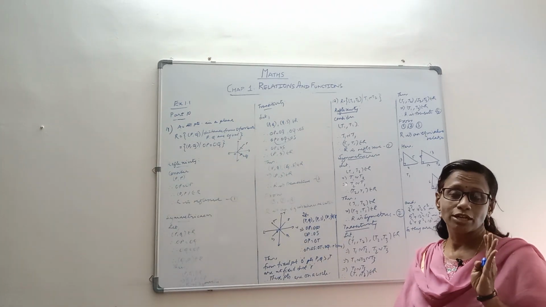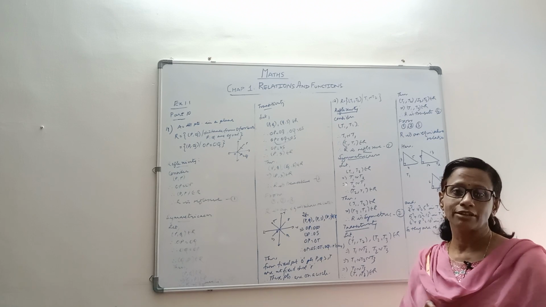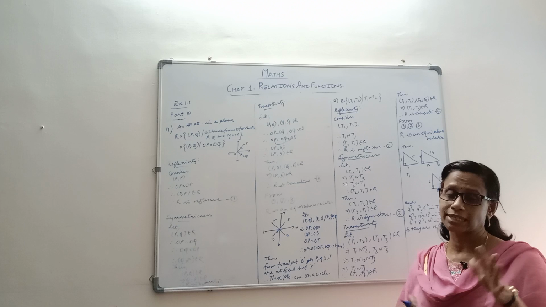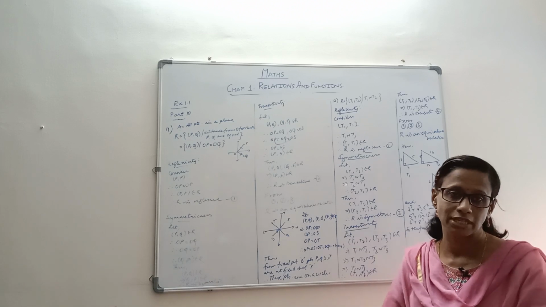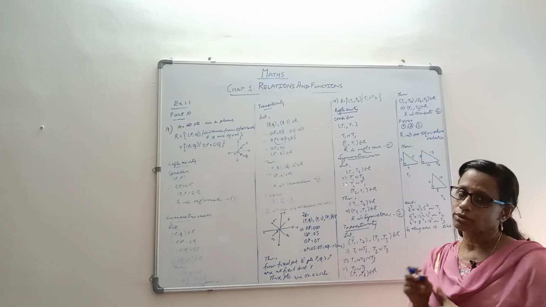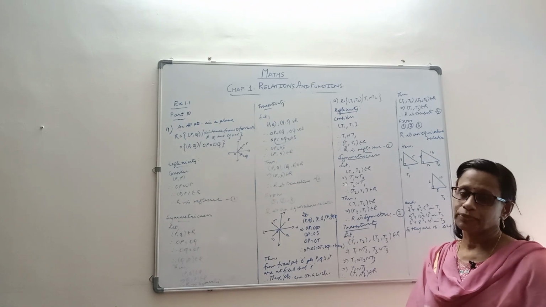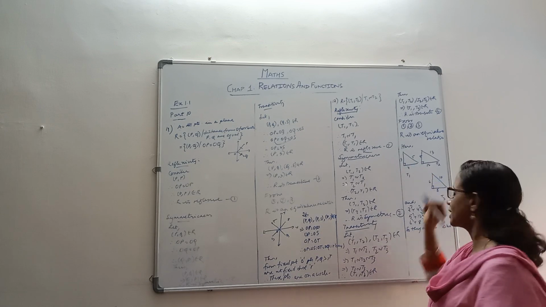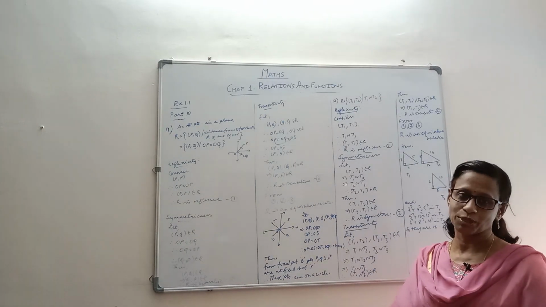So the moment you show maybe either the AA property or the SAS property or ASA, whatever test we have studied for similarity, if you could drop in any of those tests, then you are able to show that they are similar. So here in T1 and T3, if you carefully see, the sides are proportional.